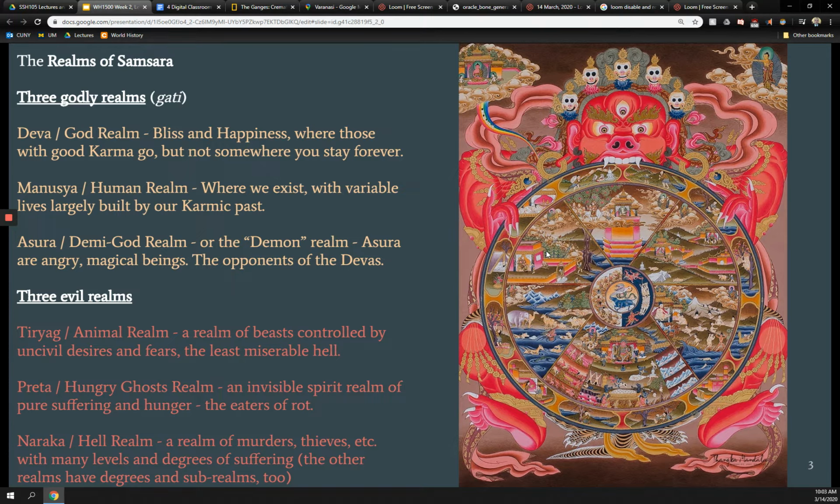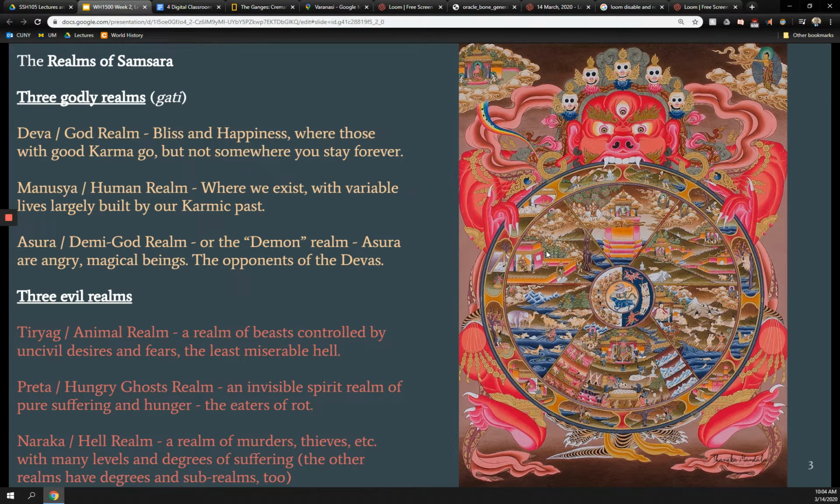This is the hungry ghost realm. So it's pretty bad. It's much worse than the animal realm to be reborn as a hungry ghost. And the horror of this is that these hungry ghosts might be your dead relatives or people you knew who lived bad lives, essentially. So this is karma coming back to bite these people, to cause them to live these horrific lives.